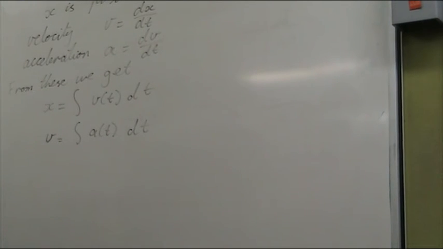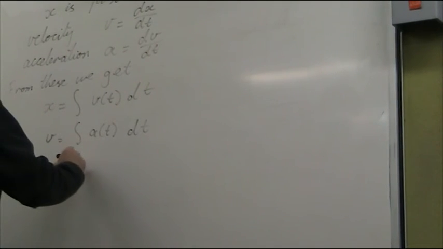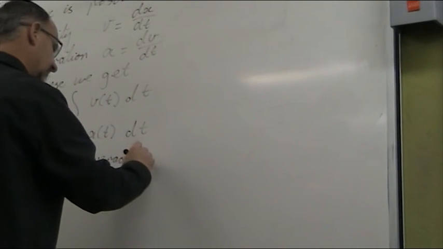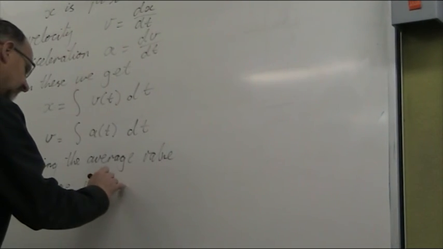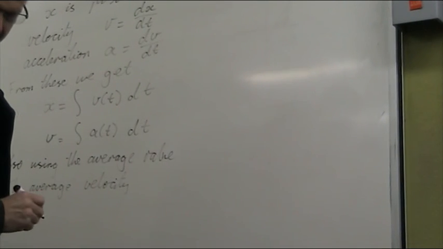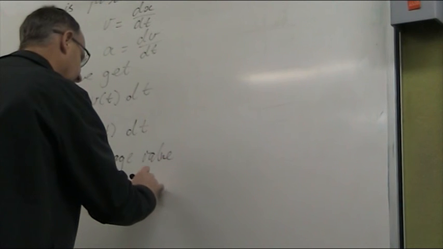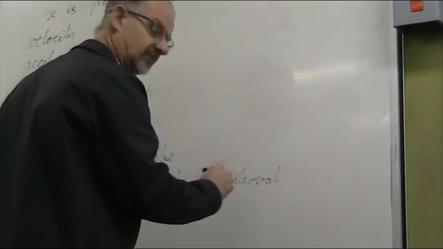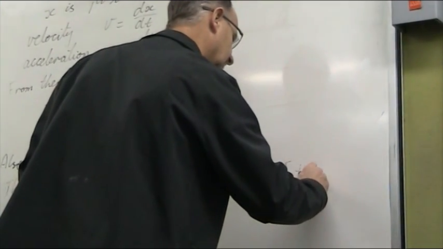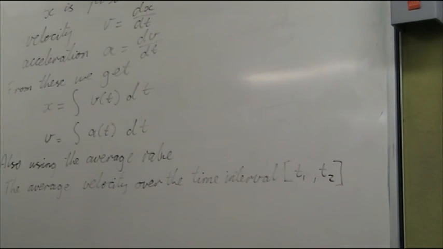We can work out the average velocity across a time interval, between time 1 and time 2, whatever they are.